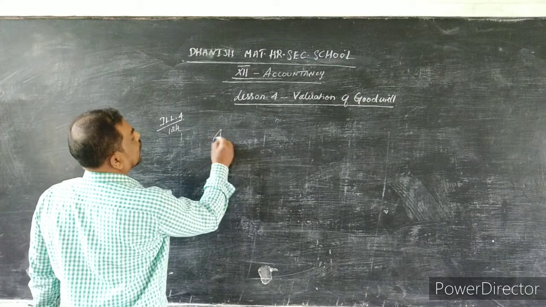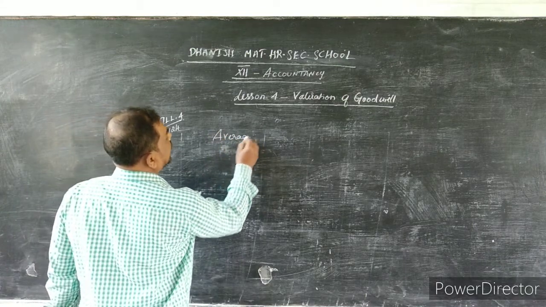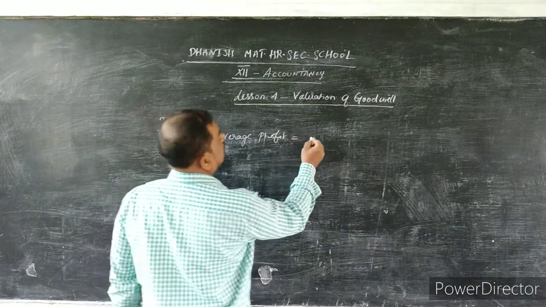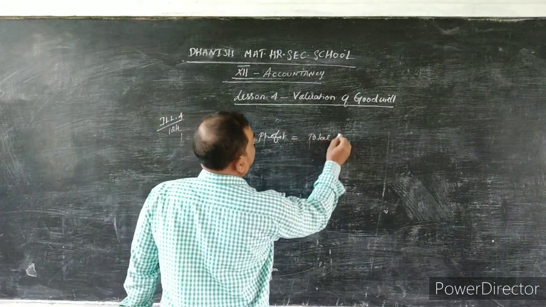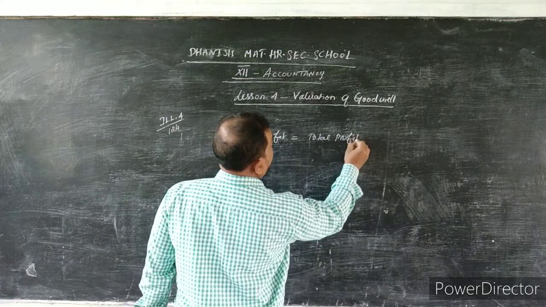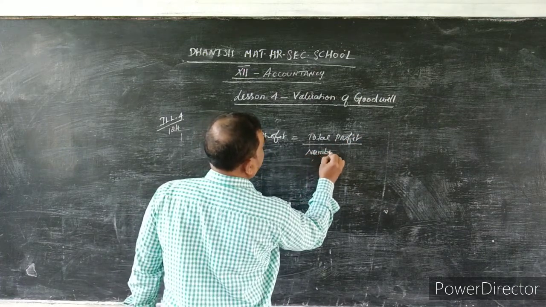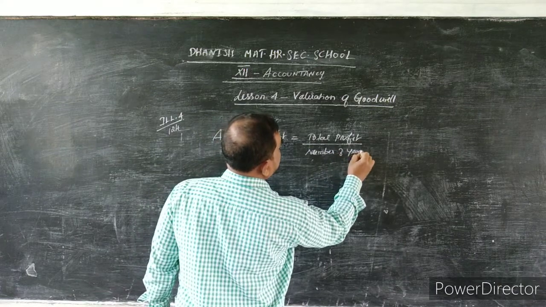So, calculation of average profit. Average profit is equal to total profit divided by number of years.